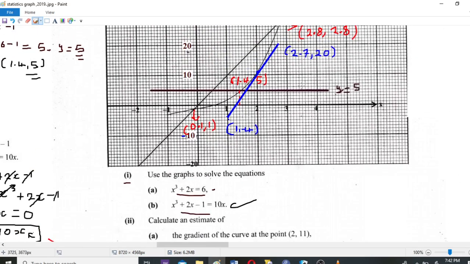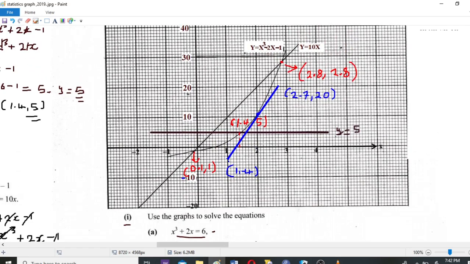Okay, so we need to mark this area. We can do that: x is equal to 2 is one of our boundaries, starting from this line up to there. Again we have y is equal to 0, so we extend this down until we hit the x-axis.